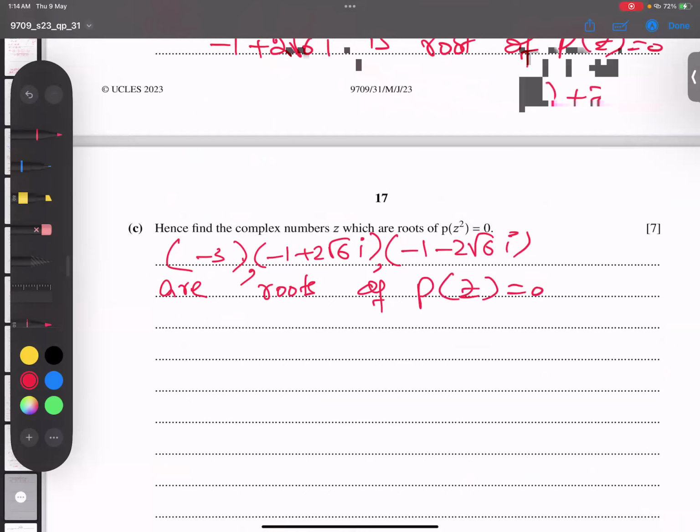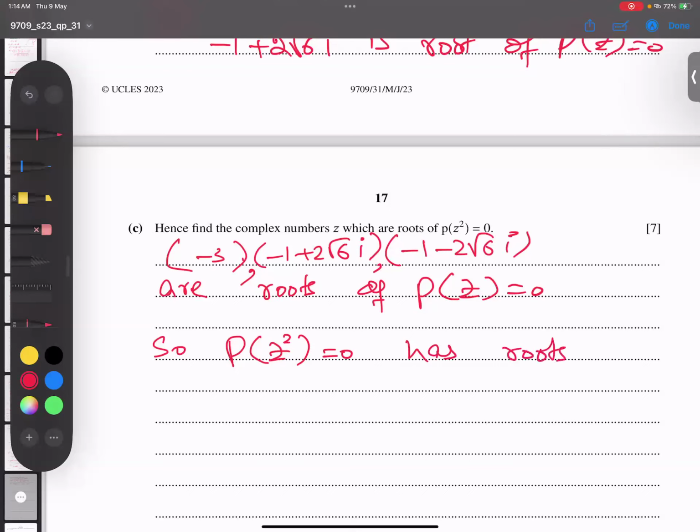So if these are the roots, I mean we have three answers, then what about P of Z whole square? P of Z whole square has roots. Number one, Z square equal to, because these are Z values, Z equal to -3. There's also Z equal to that. But now I will not write Z, I'll write Z square. There's a difference, you know. So I have these three options.